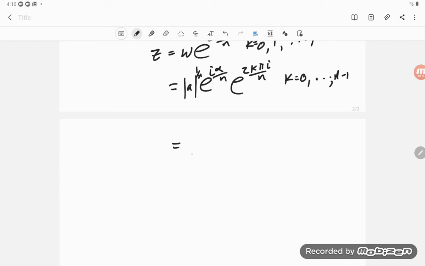So I have the absolute value of a to the 1 over n, and then e to the i times (α plus 2kπ) all over n, like that. And again, k can go from 0 up to n minus 1.